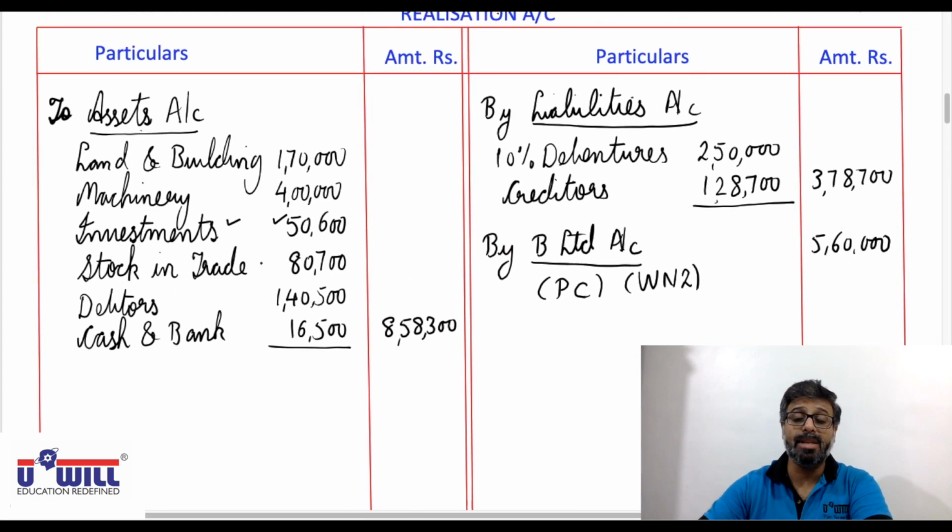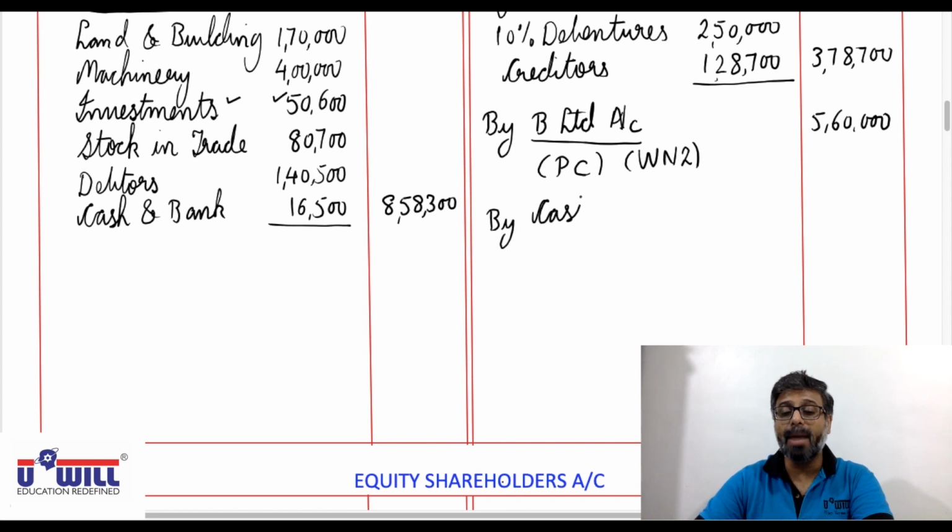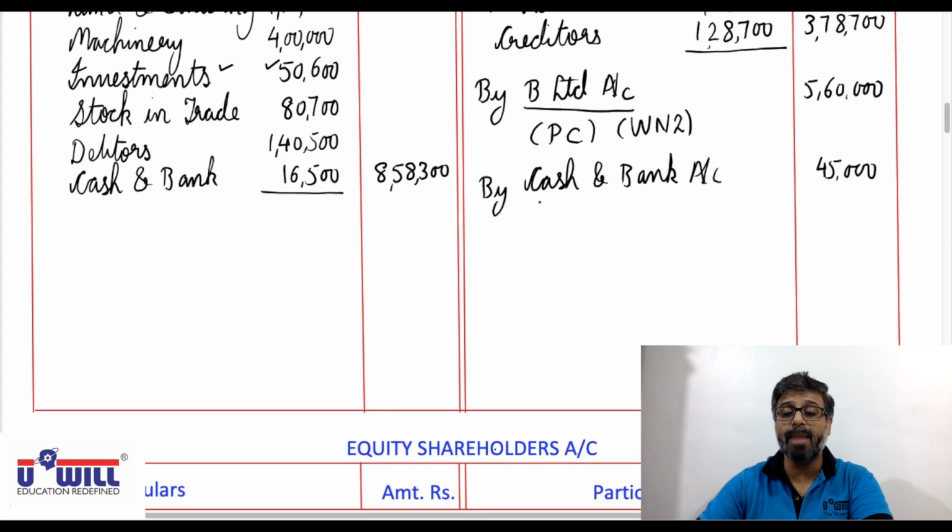But since investments are already closed, instead of to investments we credit to realization account. To realization, so realization on the credit side by cash and bank account 45,000. For understanding, you can mention in brackets, this is the value of sale of investments.